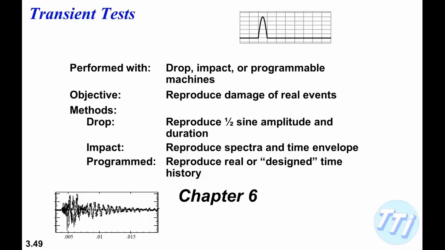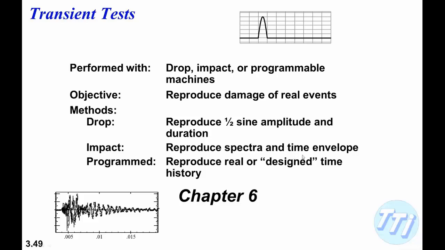So transient tests are performed with drop, impact, or programmable machines. The objective is to reproduce damage or real events, and the method is a drop test, reproducing a half sine amplitude and duration, and we'll talk about machines that do that. Perhaps we'll have an impact machine.